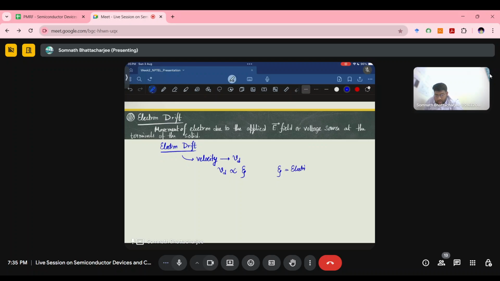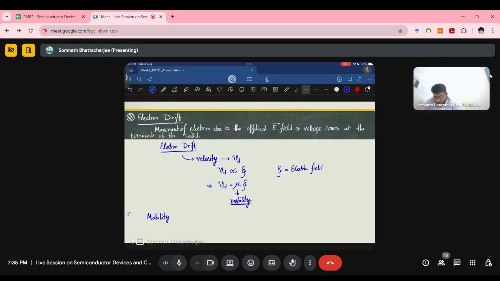We can write it as Vd equals mu times E. This mu is a very important parameter, as we all know, that is mobility. So from here the concept of mobility comes.